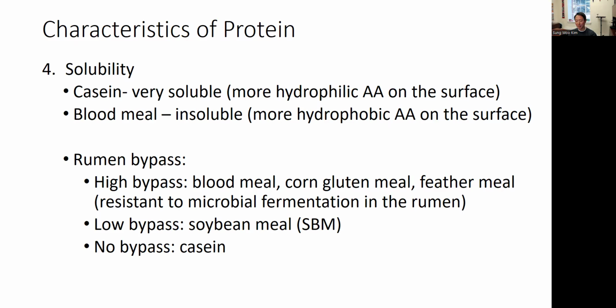So heat-processed soybean meal can be used as a rumen bypass protein as well, right? So that's some exceptional application utilizing the characteristics of protein related to solubility. So I mentioned 4 different characteristics of protein: quantity or quality, racemization, and solubility.